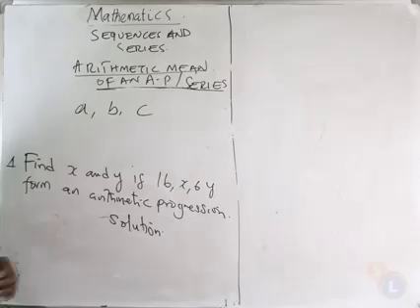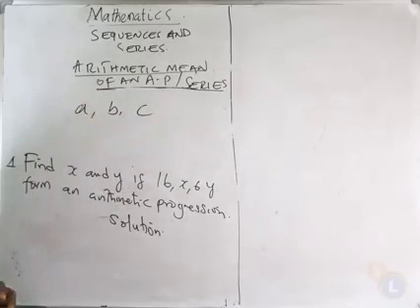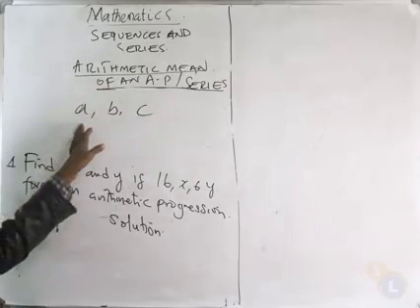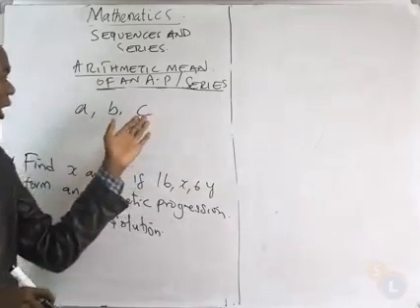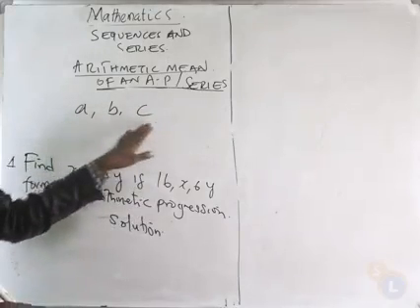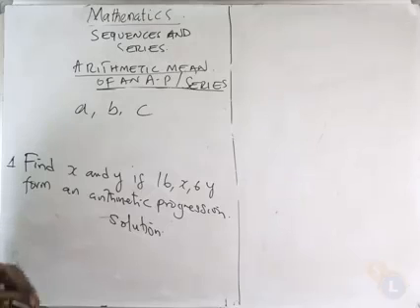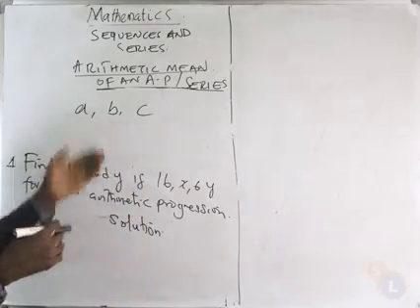So if these are the terms, then the arithmetic mean of these terms is simply that term in between the terms that you are given. The number that will be in between.